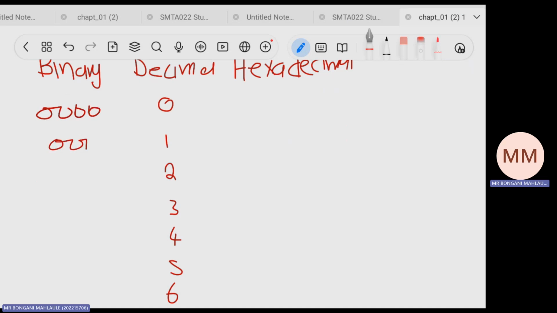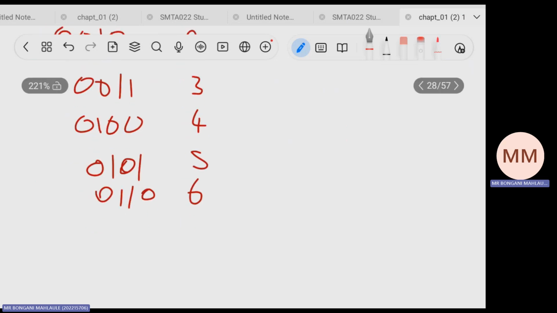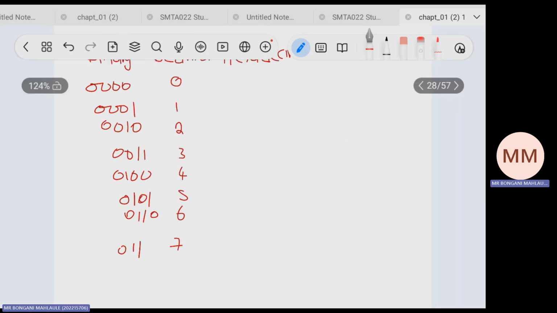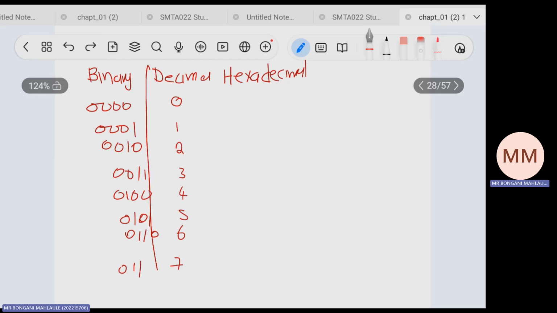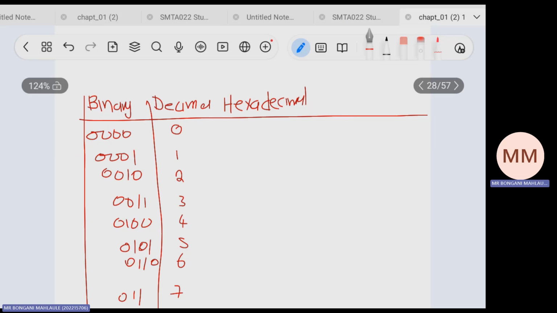In binary you'll have this: 0, 1, 1, 1. So this is for the first 4 digits, for the first 7.